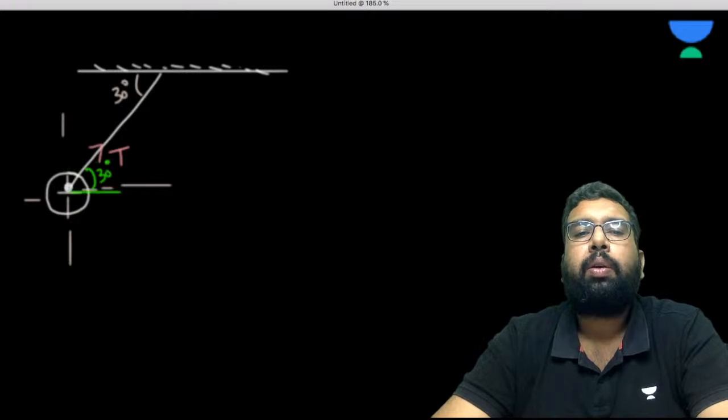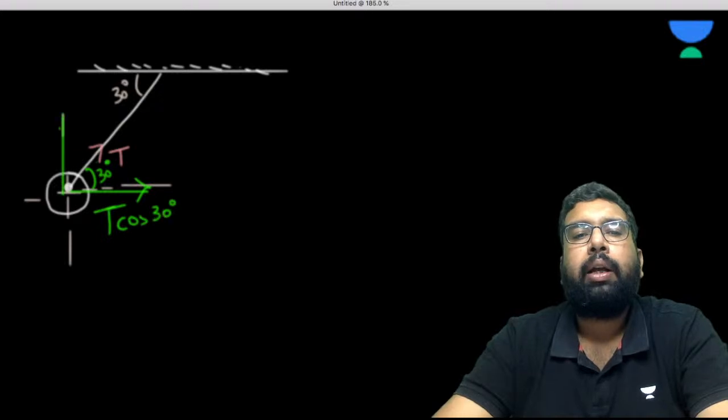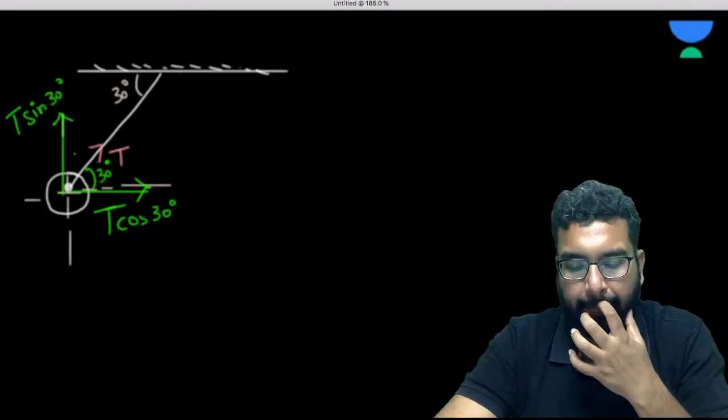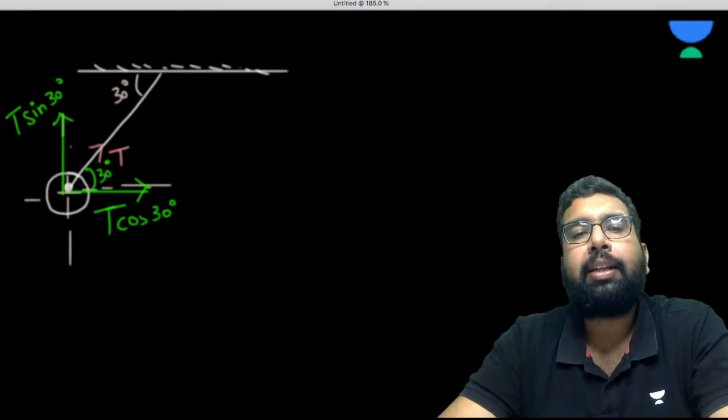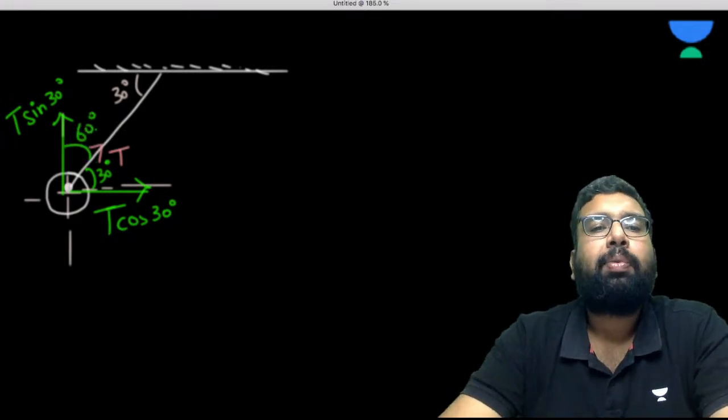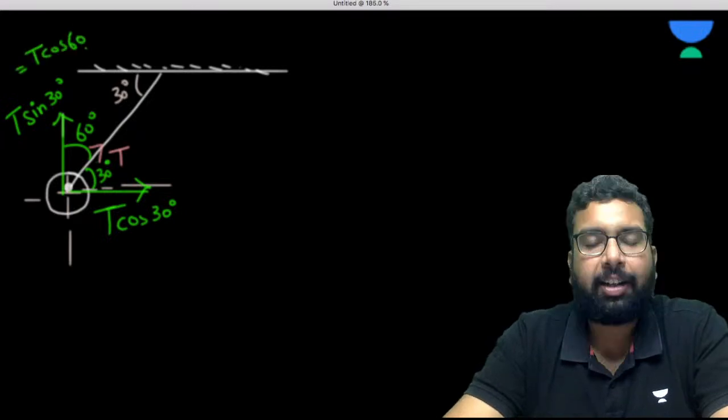So this is going to be T cos 30, and this is going to be T sin 30. Is that fine, beta? If one takes this angle as 60, this will become T cos 60, and T cos 60 and T sin 30 are the same.